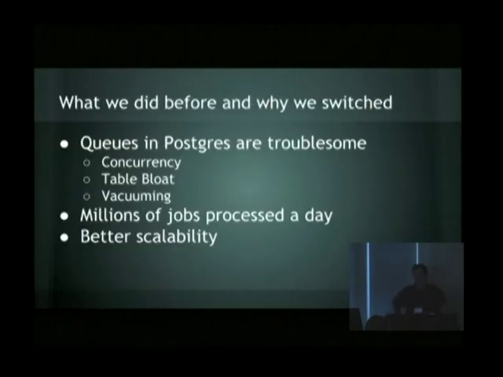So what did we do before we switched to Celery? We have an issue in our application where we want to do real-time data gathering and put it into a data warehouse. Originally, we implemented a queue inside of Postgres.